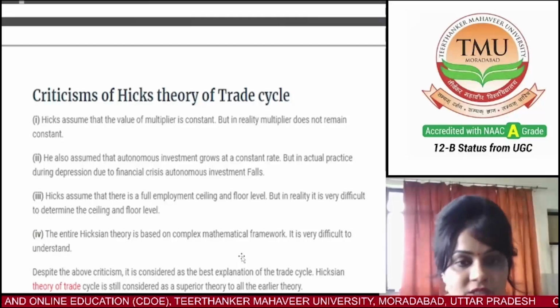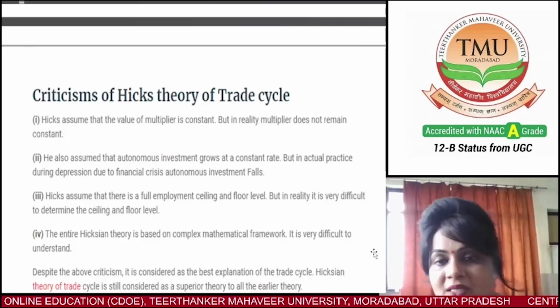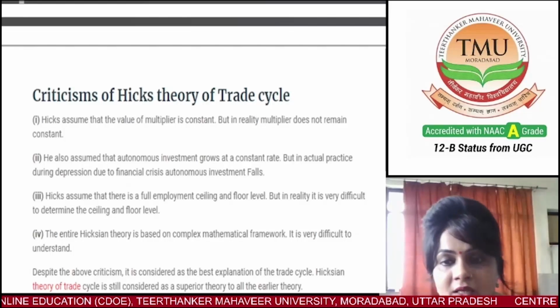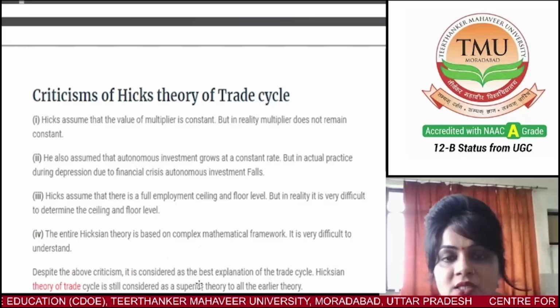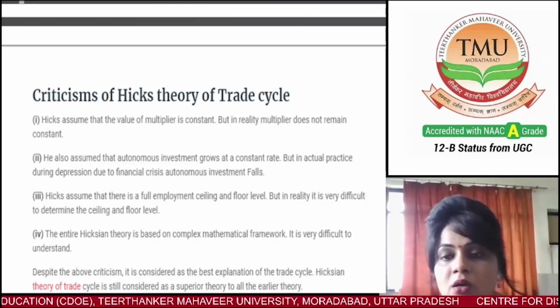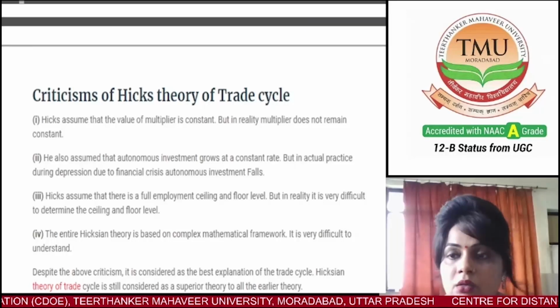It is very difficult to understand. Despite the above criticism, it is considered the best explanation of trade cycles. Hicks's theory of trade cycles is still considered superior to all earlier theories.